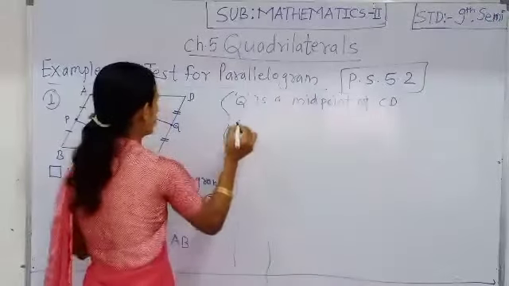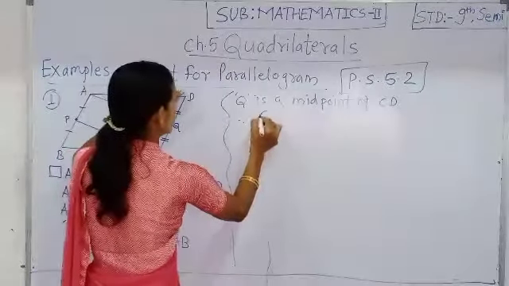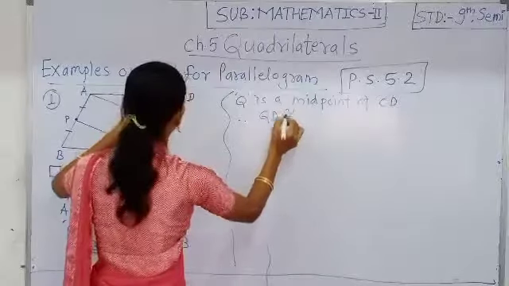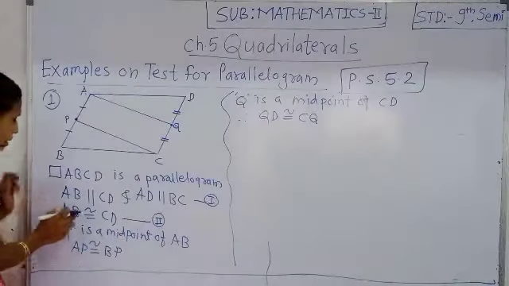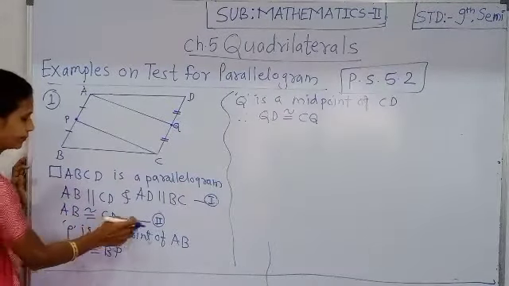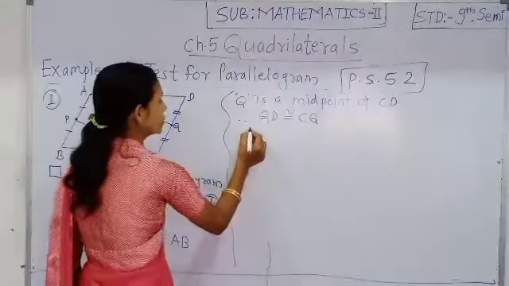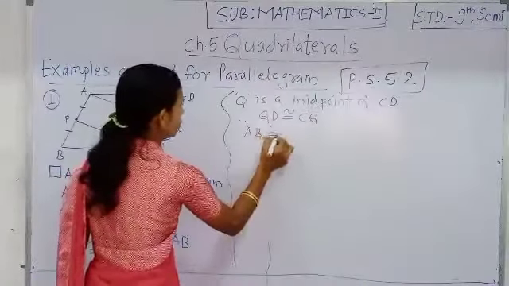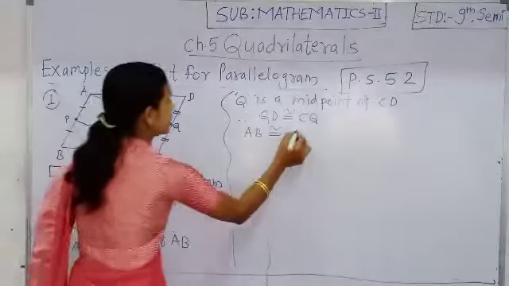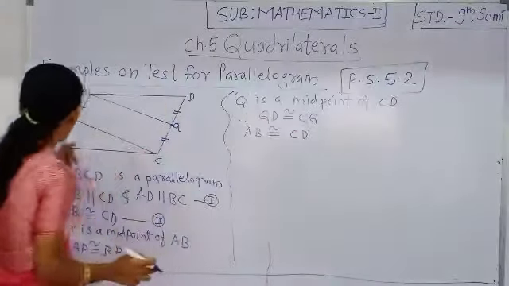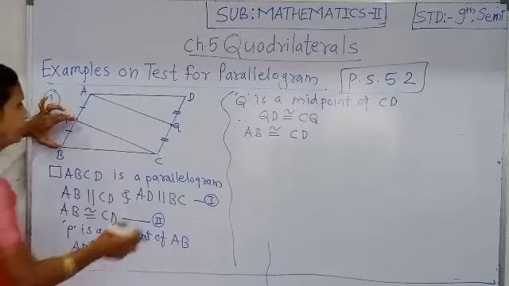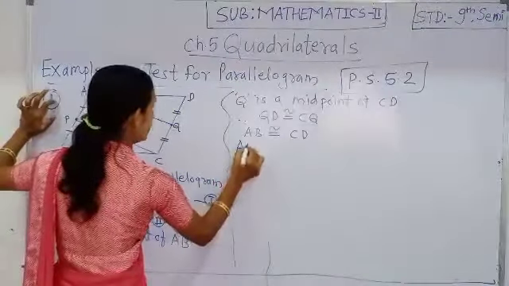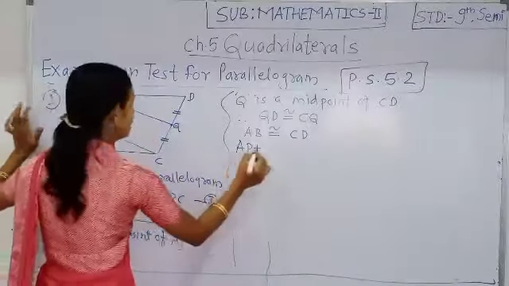Therefore we can write that QD is congruent to CQ. Then see here, AB is congruent to CD in equation number 1, and what is AB? AB is nothing but AP plus BP.